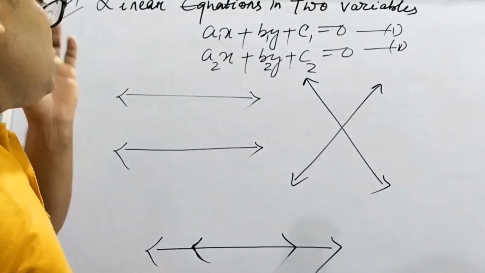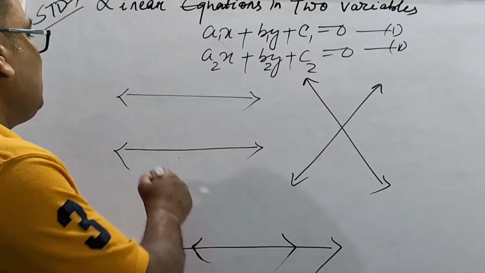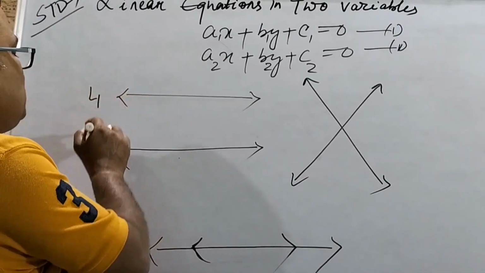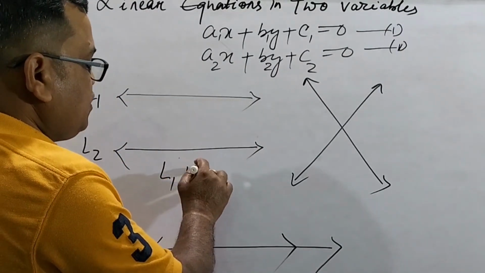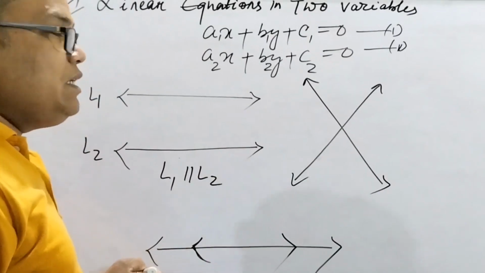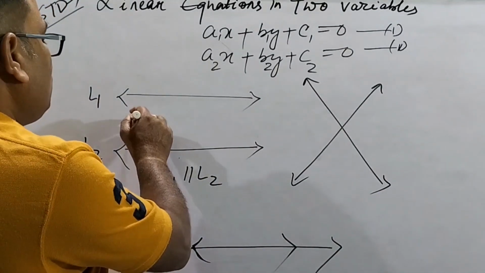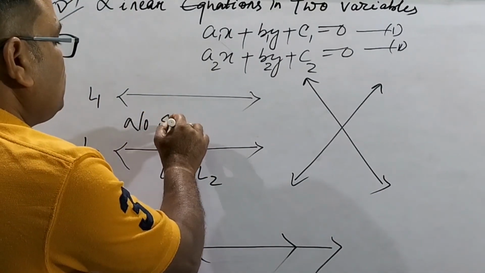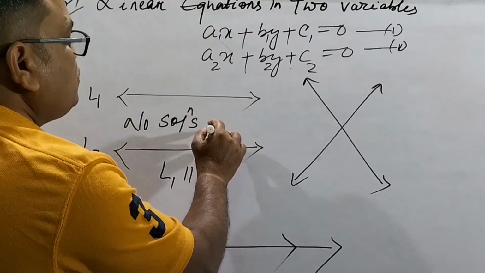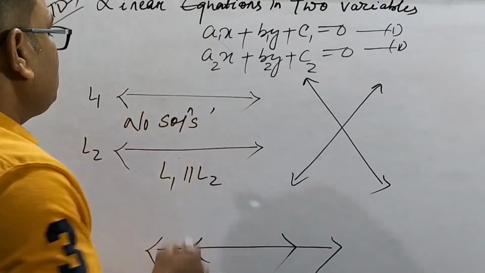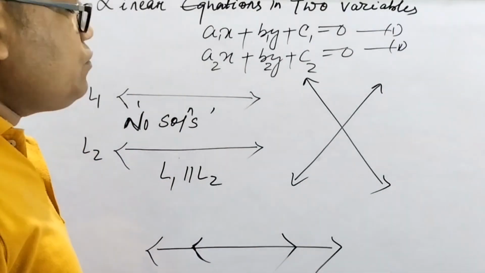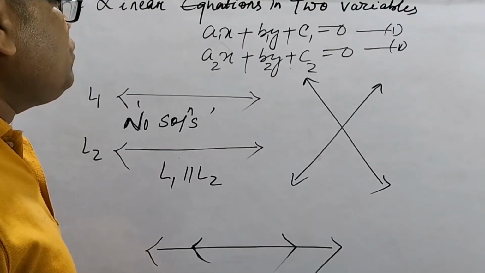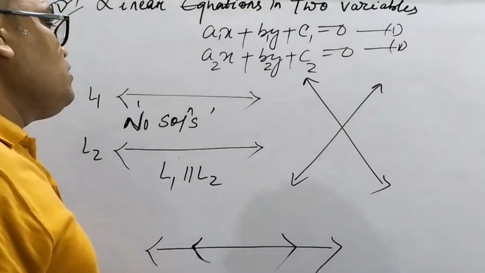If you get two lines like this, if L1 is parallel to L2, in this case you will get no solutions. That means no solutions will be determined; the values of x and y you cannot get.